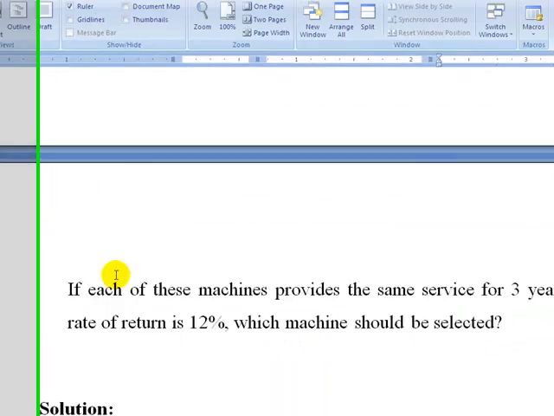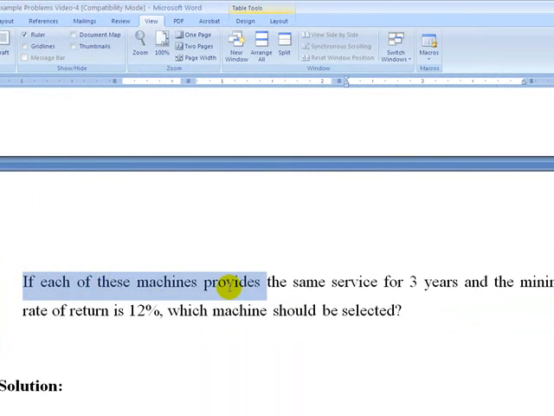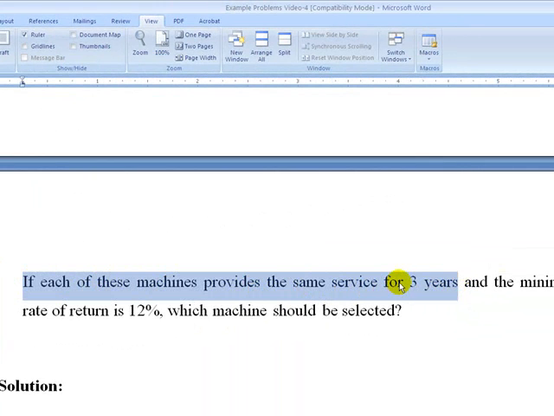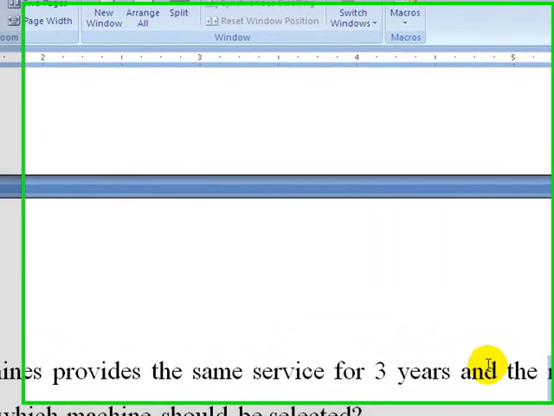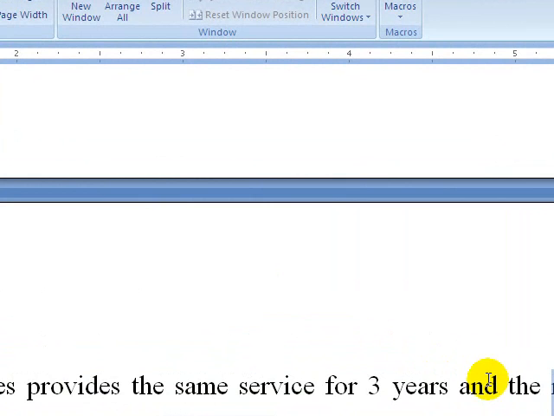Some other information is given. Each of these machines will provide service for 3 years, assuming the machine life expires after that. And there is the minimum attractive rate of return. This is important. When a manager or a company decides to invest money in a project, they want a minimum rate of return because they are taking risks.